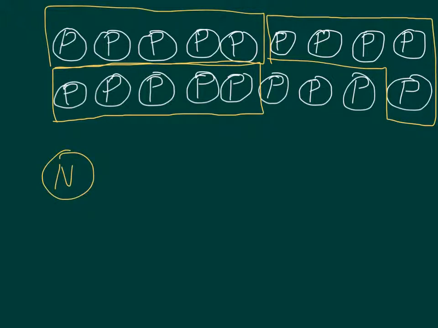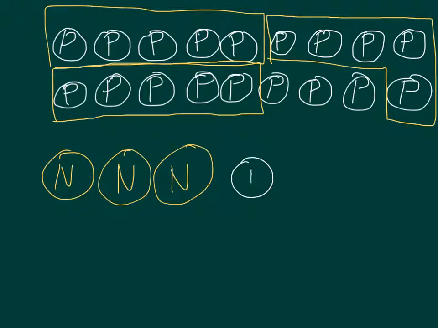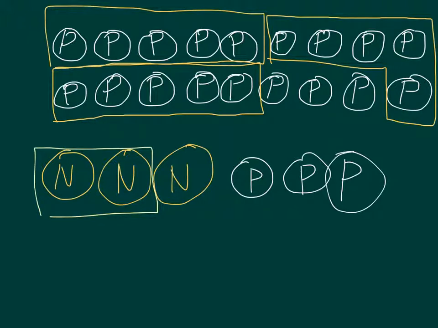So I would have 1 nickel, 2 nickels, 3 nickels, and 3 pennies. That gives me 5, 10, 15, 16, 17, 18 cents. I can do some more exchanging though. When I see 2 nickels together, I know that's a group of 10.